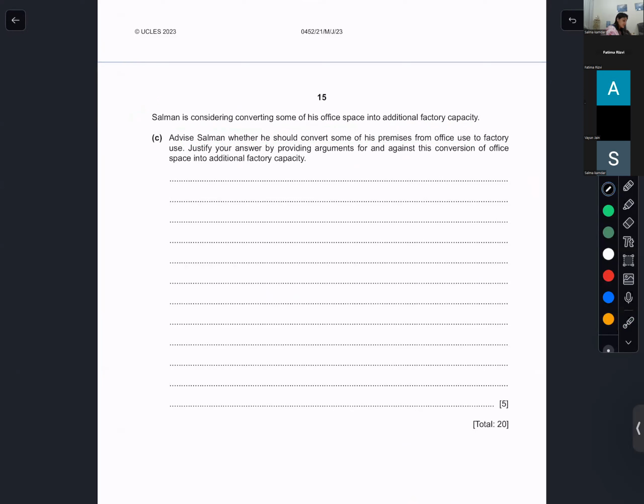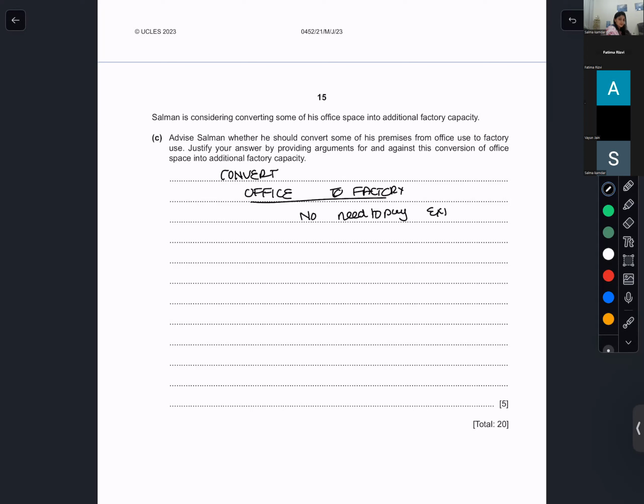So if he converts his office space to factory, what are the advantages? No need to pay for extra space.